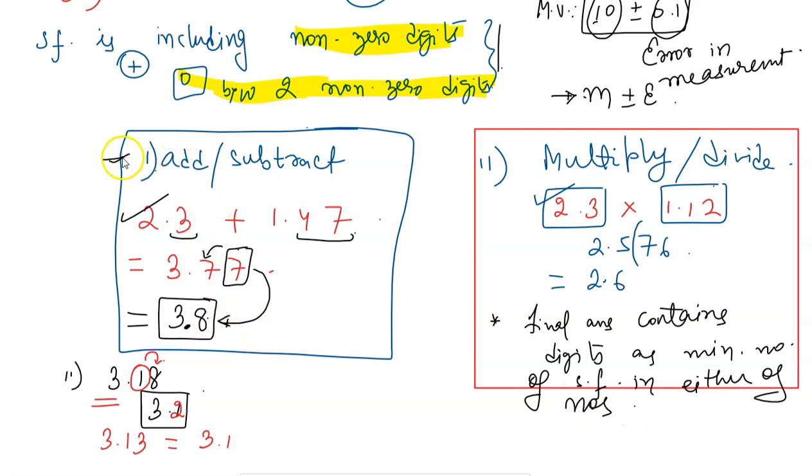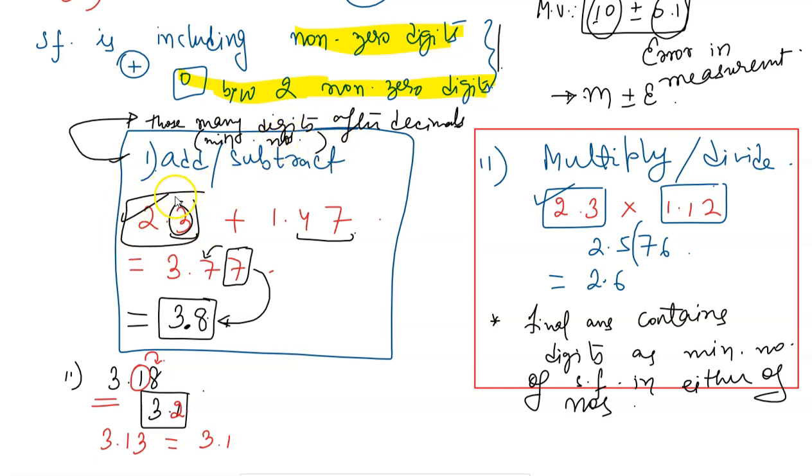And in addition or subtraction, we need to present the final result in terms of values having those many digits after the decimal, which is the minimum number in either of them.